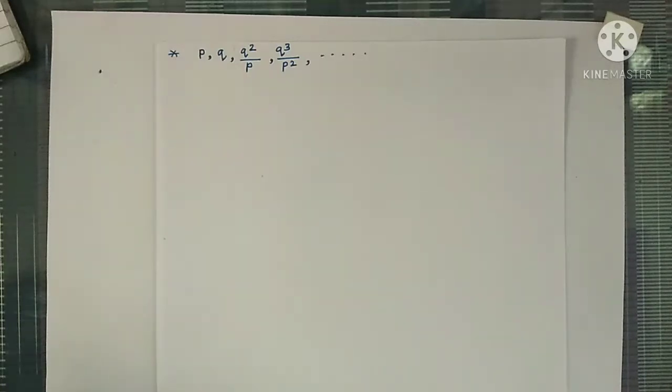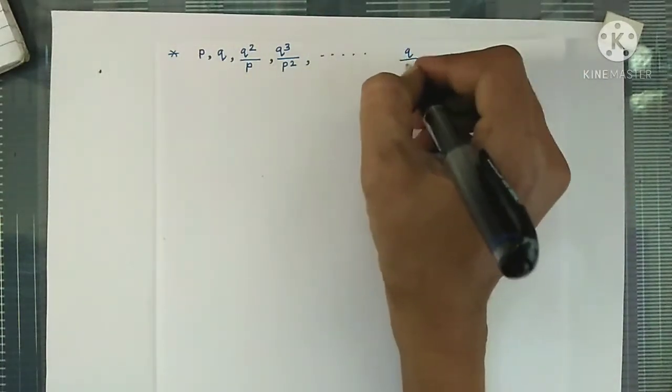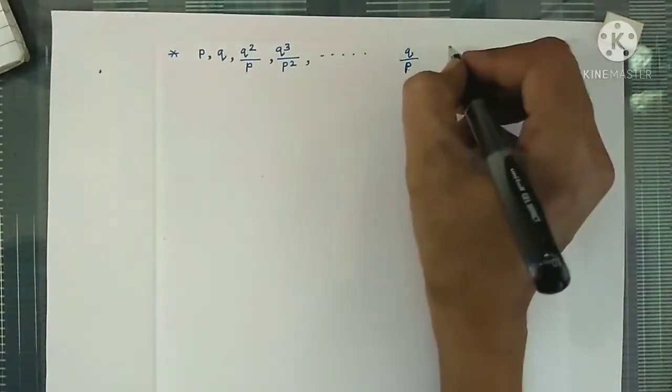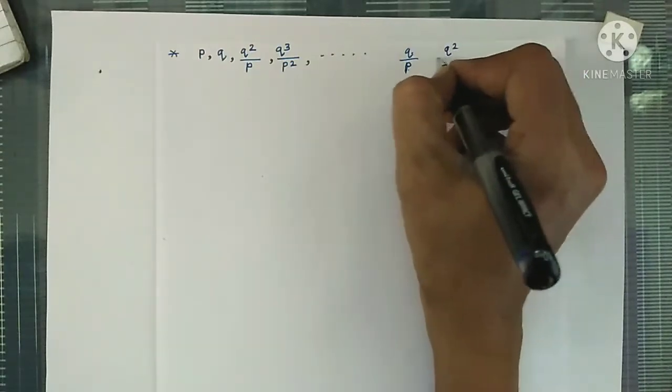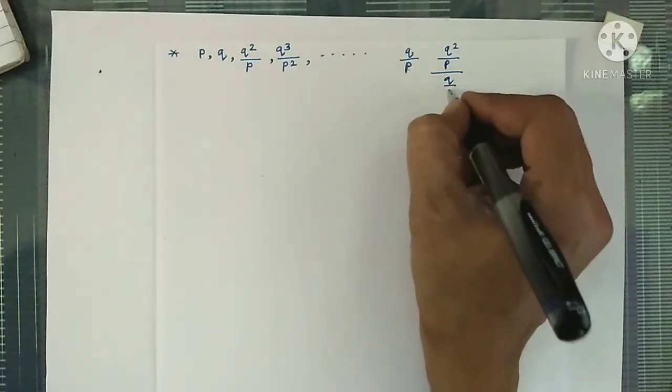Consider one more question: p, q square upon p, q cube upon p square, and so on. So this is a GP. You can verify. Second term divided by first term is q upon p. In the next one, we have q square upon p divided by q. Now q means q by 1.